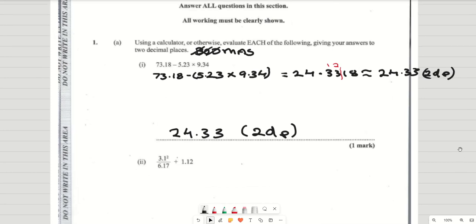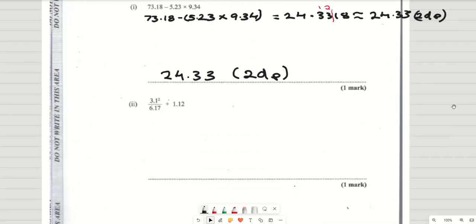Let's look at the next question. Again, use your calculator. They told you to use a calculator. What I would put is open bracket 3.1 close bracket squared divided by 6.17. Put this first in your calculator.